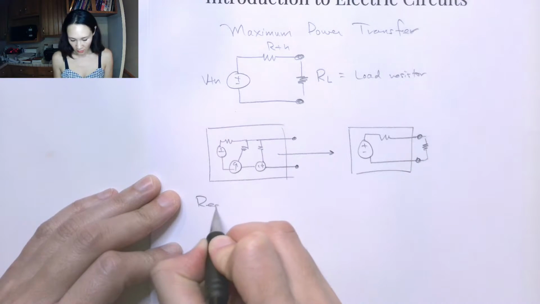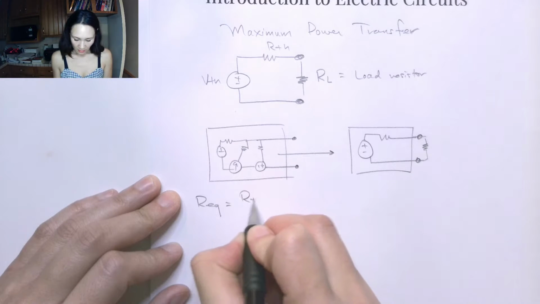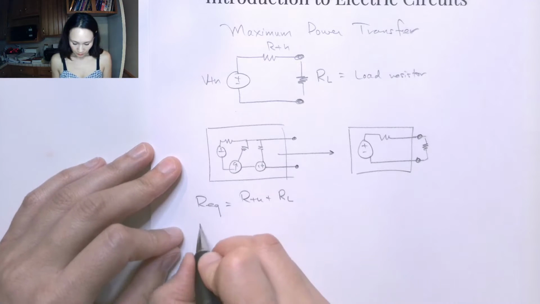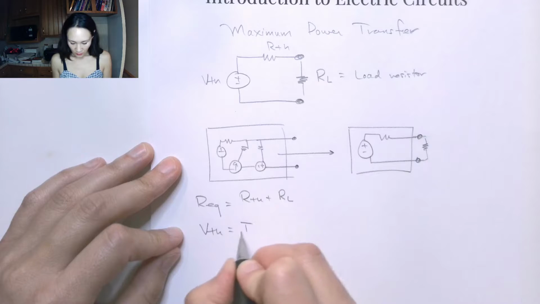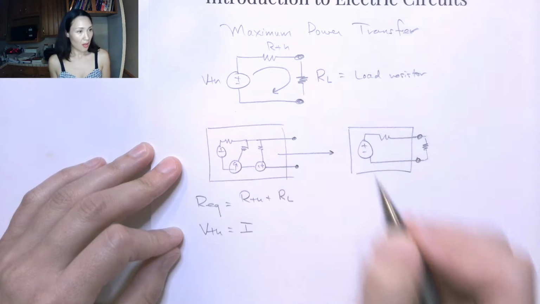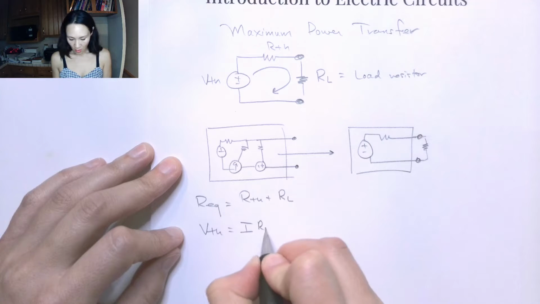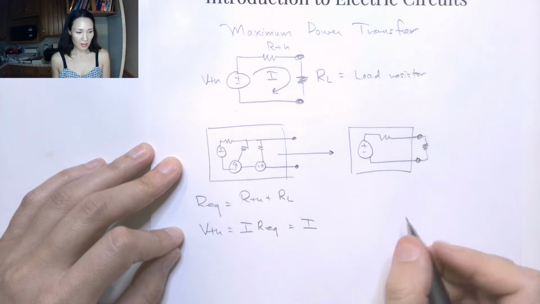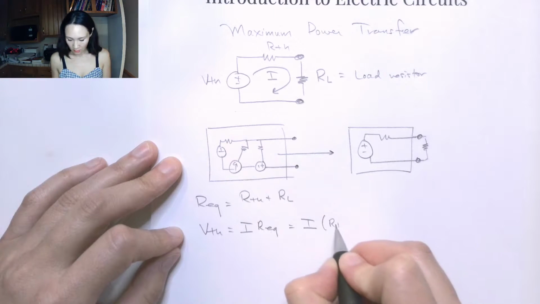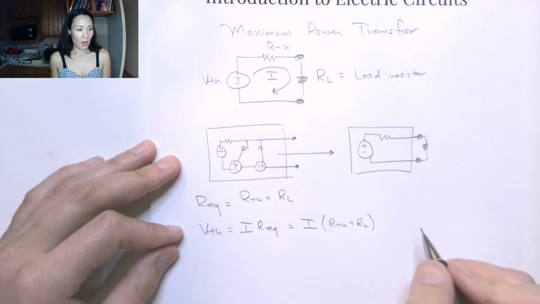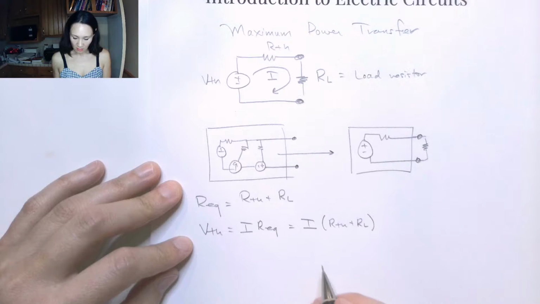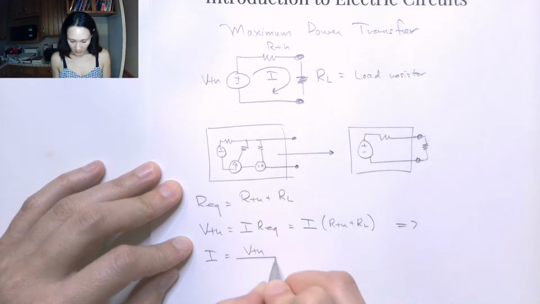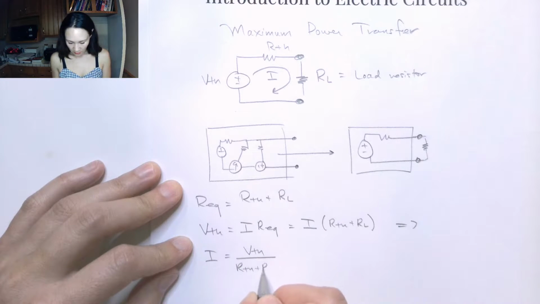So R equivalent is equal to R Thevenin plus R load, and through Ohm's law, V Thevenin is equal to I, the current going around this loop, times R equivalent, which is R Thevenin plus R load. Then if I rearrange the terms, the current is given by V Thevenin divided by R Thevenin plus R load.